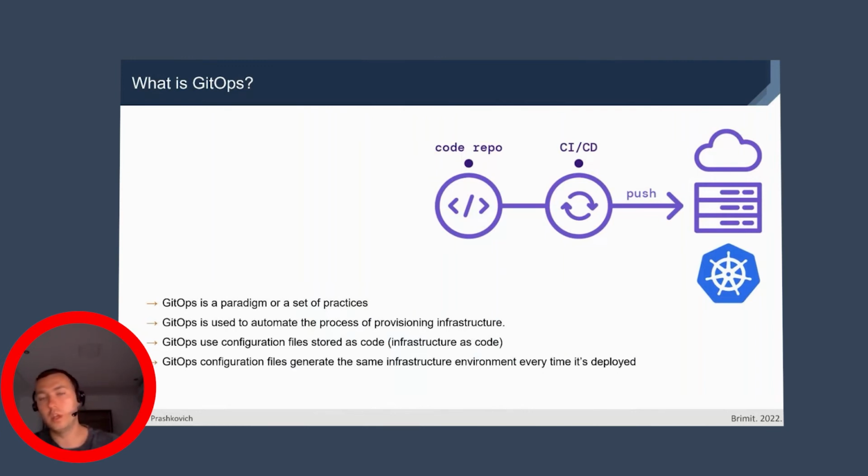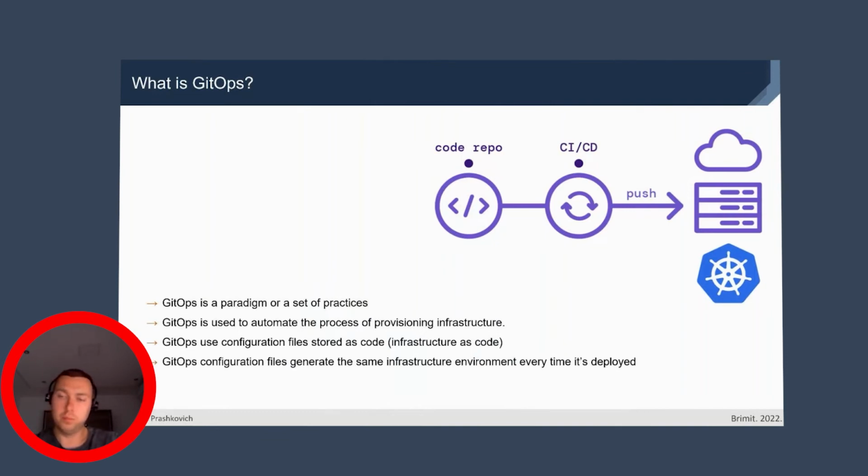We just change the code, the JSON or YAML files stored in the repository, and the result of these changes will be executed on our Azure, and we will get these changes on our portal and our infrastructure.